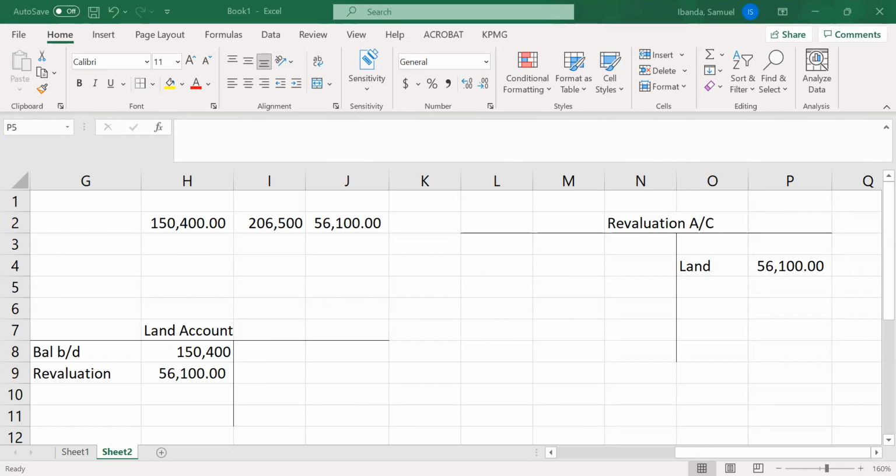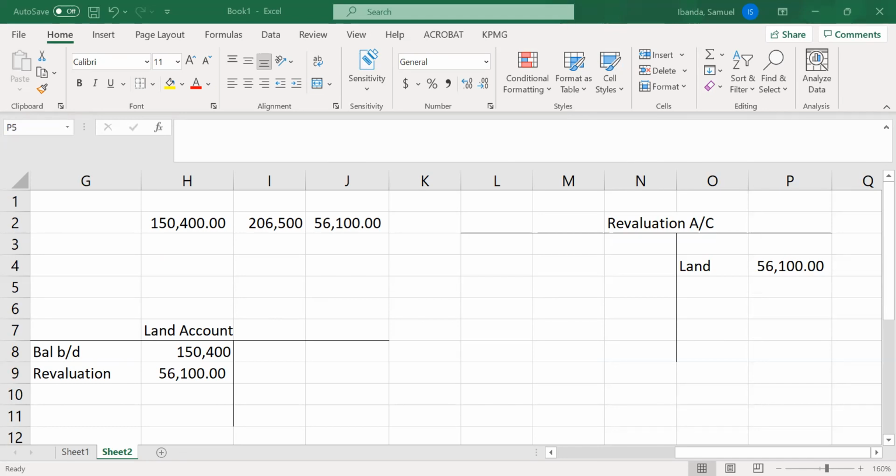You know those questions where they bring you different assets that were bought at different times, and then they're asking you to go ahead to draw up the depreciation account, accumulated depreciation account and disposal account.